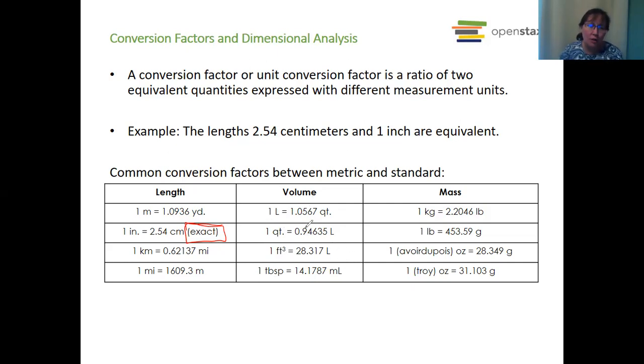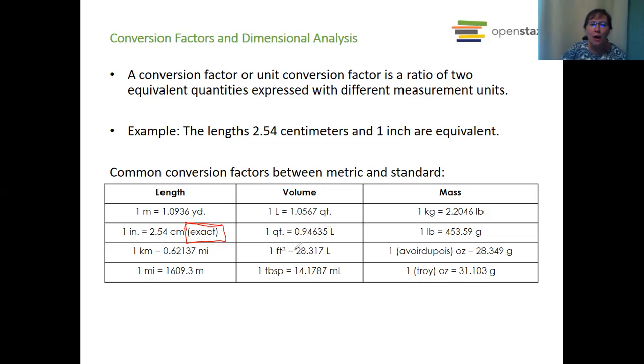One volume conversion that I think is really important is gallons to liters, because in the US, we talk about our gas mileage as miles per gallon. But in Canada and stuff like that, they talk about it in terms of kilometers per liter. So one of the things that we really need is a conversion that'll take us from gallons to liters.